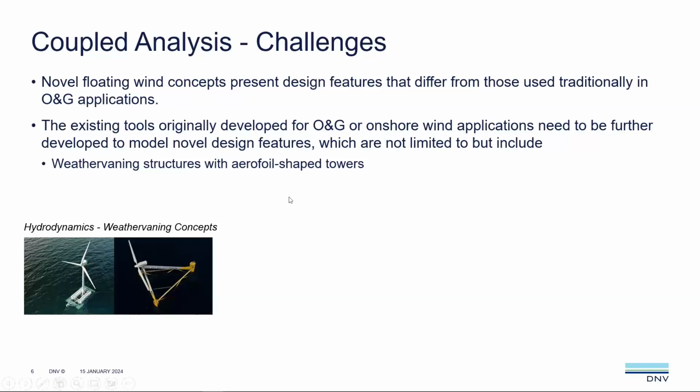Some of them include airfoil-shaped towers. In terms of modeling challenge, these structures are more difficult to model than others that don't undergo these large displacements when the wind direction changes, especially if we're modeling them using traditional BEM hydrodynamic models that assume that the displacements are small compared to the equilibrium position of the system, for example.